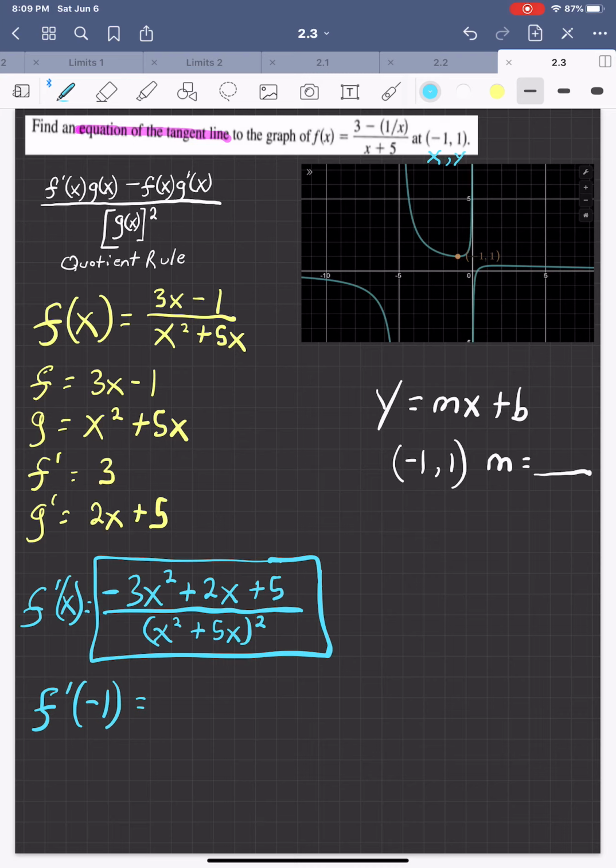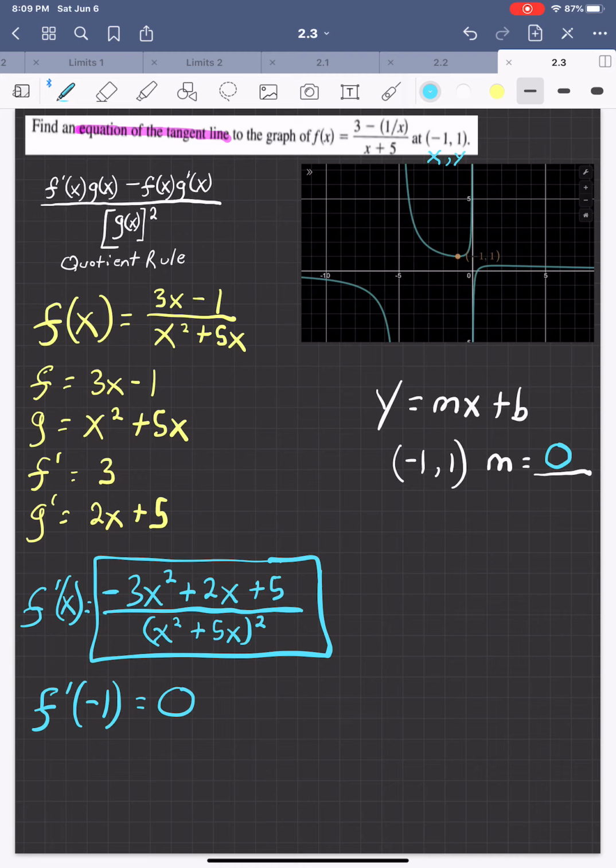You could do this on your own time. If you plug a -1 in here, what you would get out is 0. So the slope is 0 when x is -1.